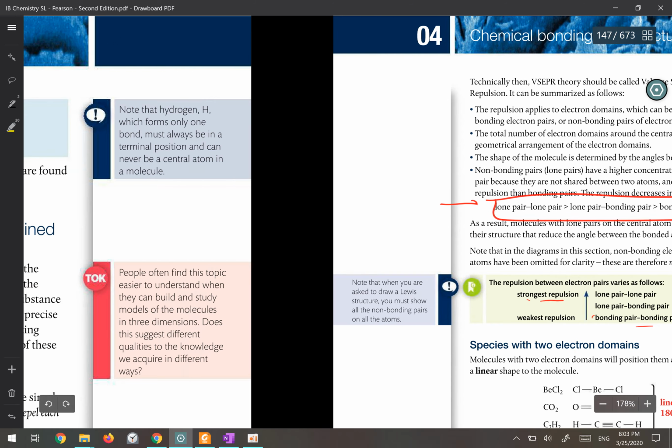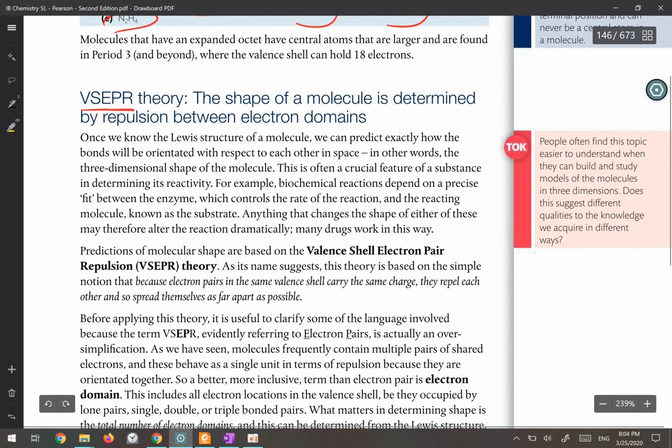And what the VSEPR theory says is mentioned here. The definition of the VSEPR theory is important. As its name suggests, this theory is based on the simple notion that because electron pairs in the same valence shell carry the same charge, they repel each other and so spread themselves as far apart as possible.